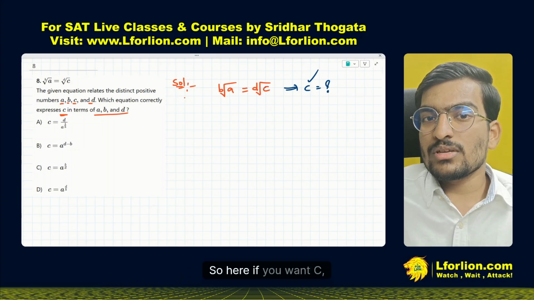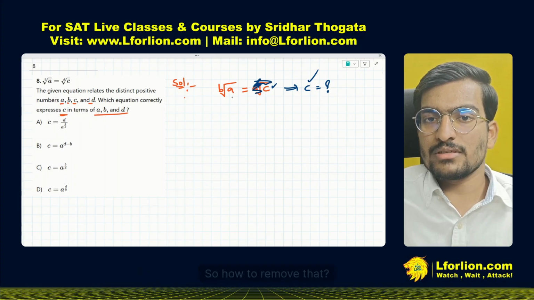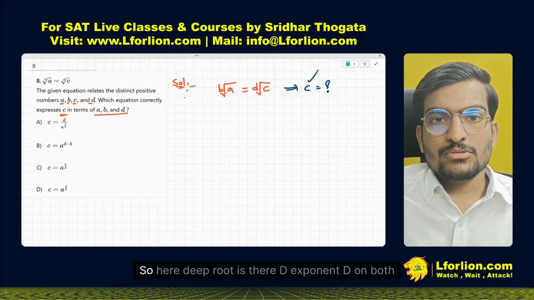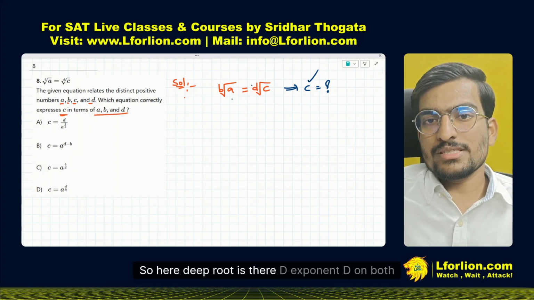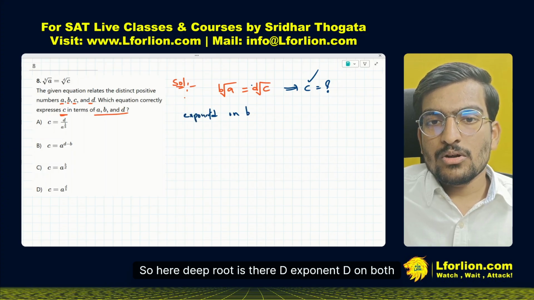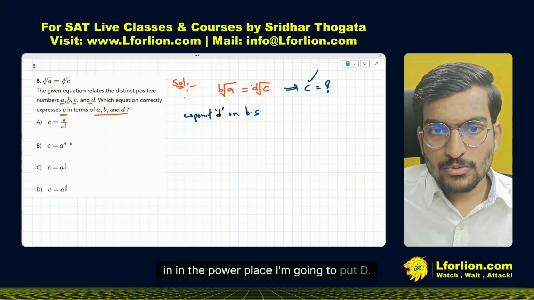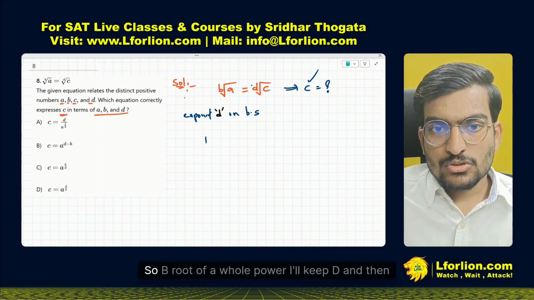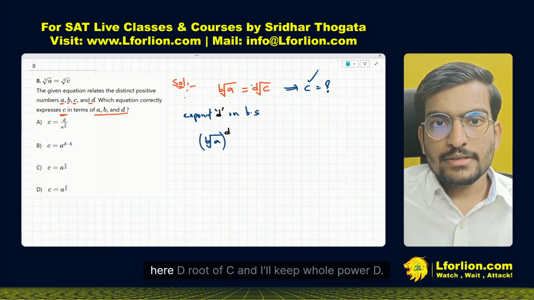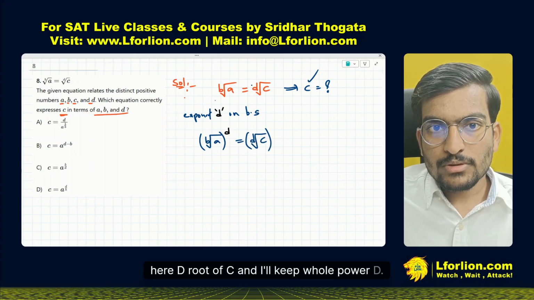If you want c, you just have to remove what is extra with c. So how to remove that? Here dth root is there, so I'm going to put exponent d on both sides. Bth root of a whole power d, and dth root of c whole power d.